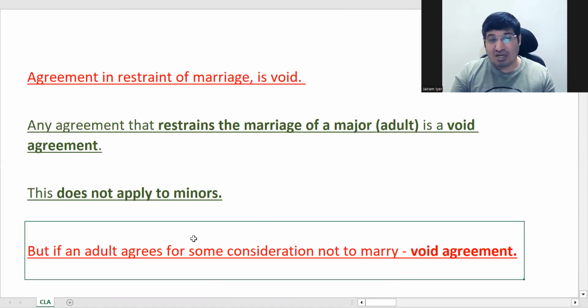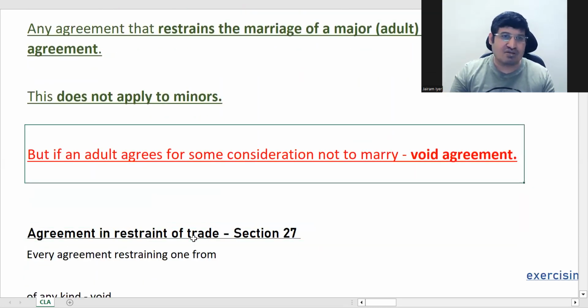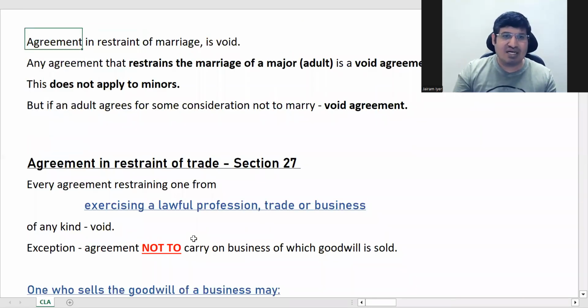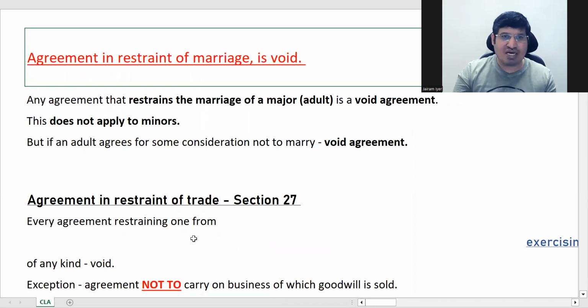Like in movies, the dad of the heroine gives some money to the hero and says he should not marry my daughter. Actually, if proved, that is an illegal thing. So basically an agreement in restraint of marriage is void.